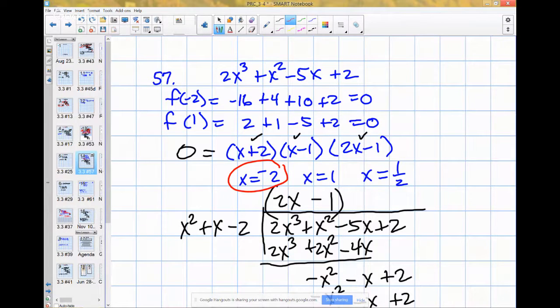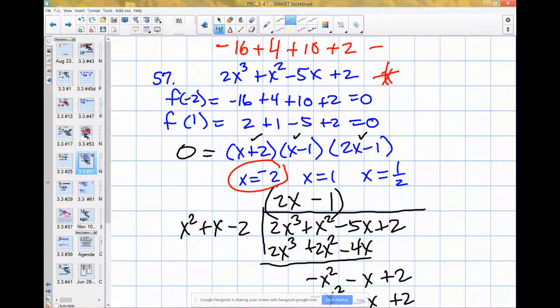Go back to the original function right up here on the top and plug in negative 2 and watch what happens. In the first term, negative 2 cubed is negative 8. Negative 8 times 2 is negative 16. In the second term, what's negative 2 squared? Positive 4. In the third term, what's negative 2 times negative 5? Plus 10. Okay, add those up, and what do they come out to?